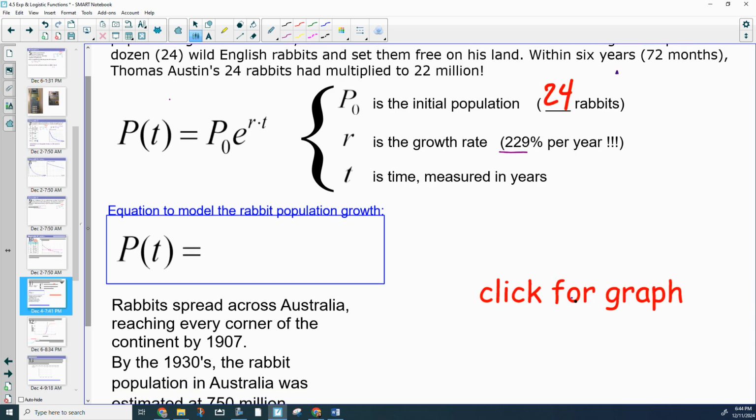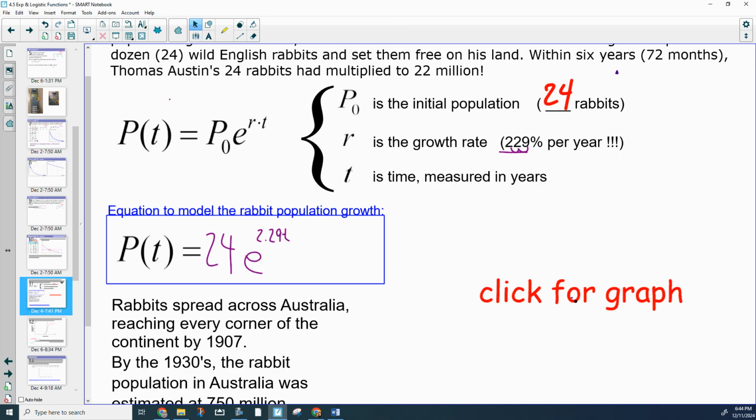Then we have the E, and it's being raised to the rate, which again is 229. So when we do this, we still move the decimal twice. So that's going to be 2.29, and then times the T for the number of years. That ends up being the graph.